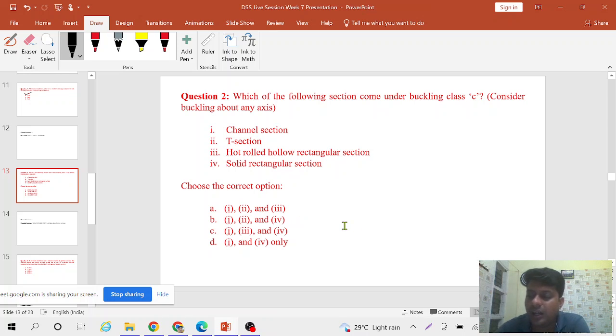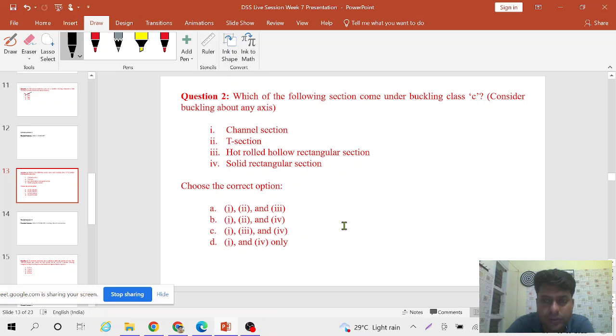I think in IS 800 2007, it is Table 10. Table 10, you can see it. T section is coming. Built up section is there.